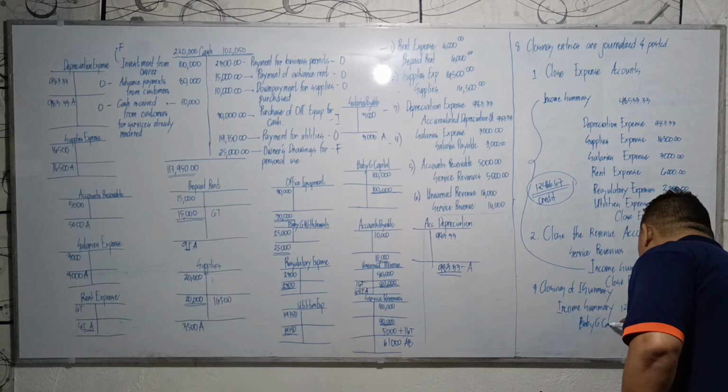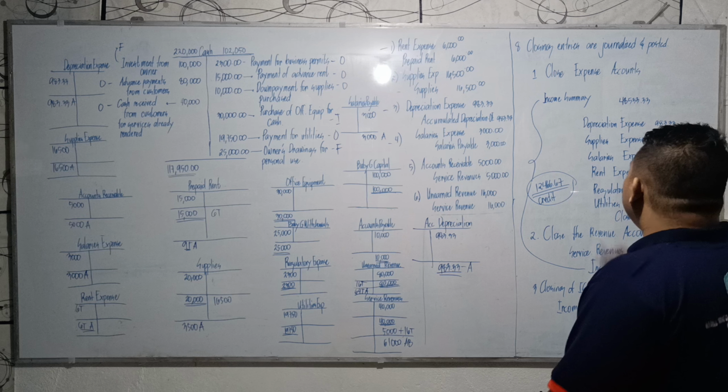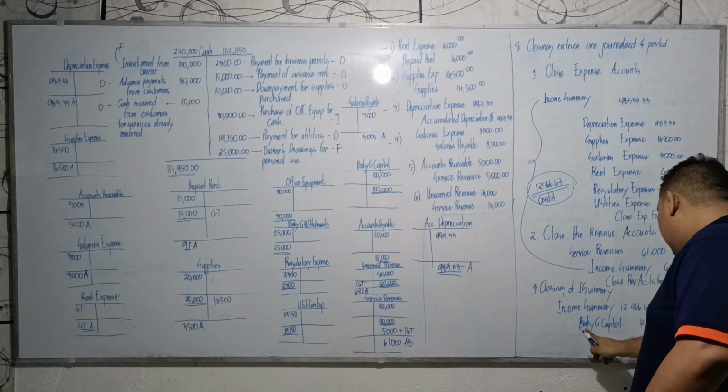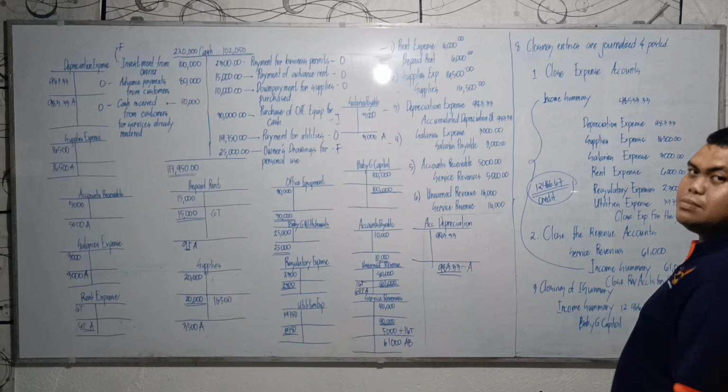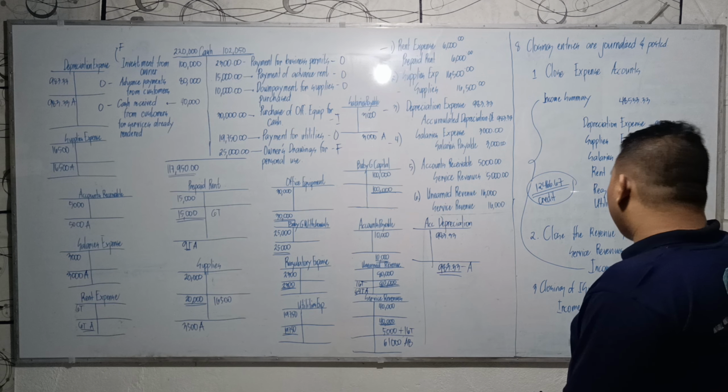BBG capital, 12,466.67. So basically, the income and the expenses, or the revenues and expenses, are already in the BBG capital because of this step. Okay? How about step 4?